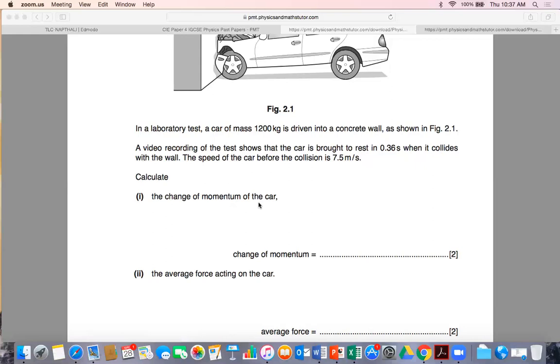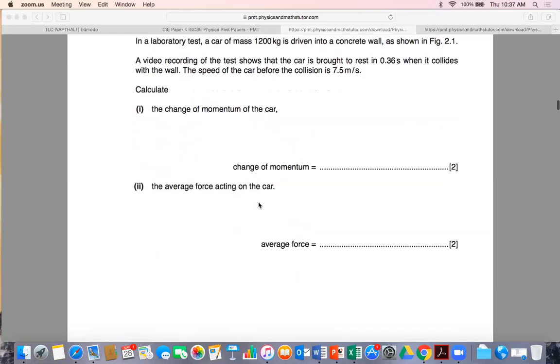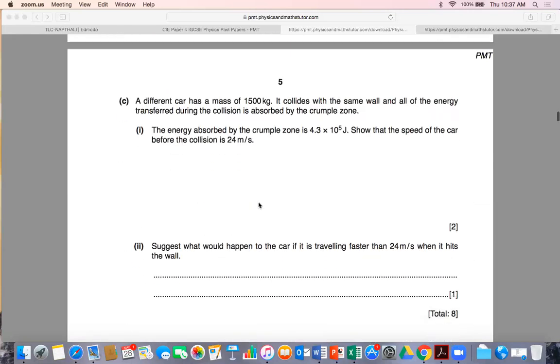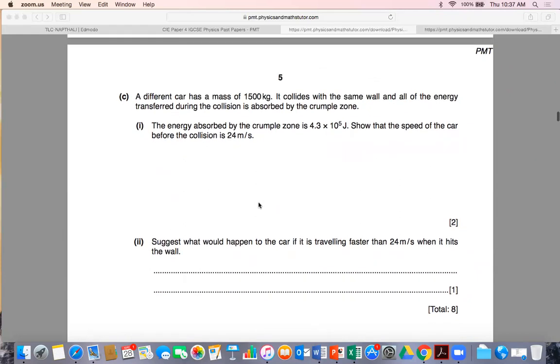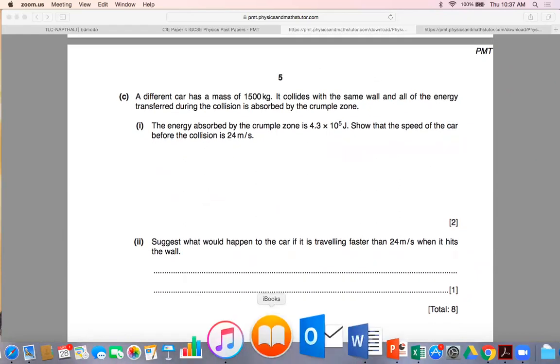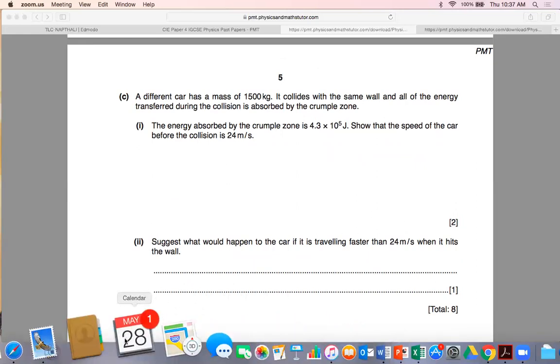If not, I will scroll down to the next part. Okay, I'm scrolling down now. Okay, this one.